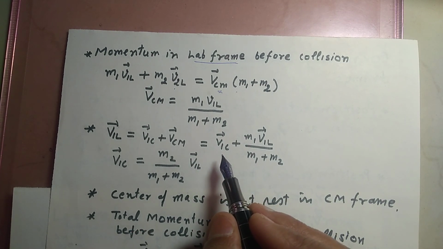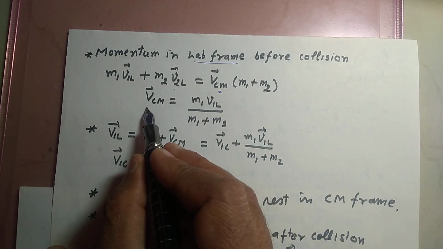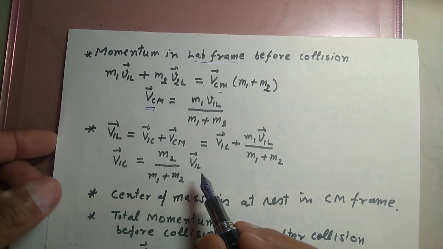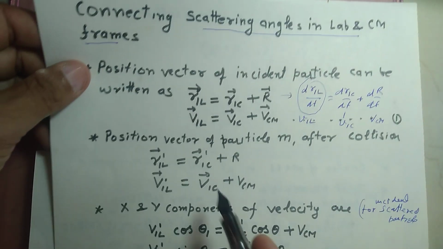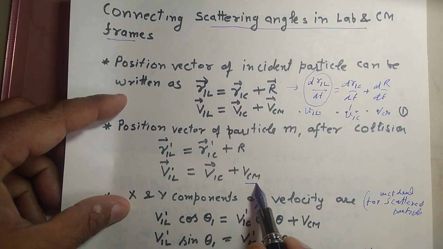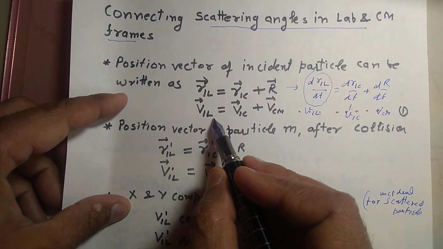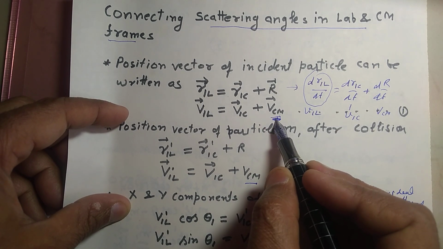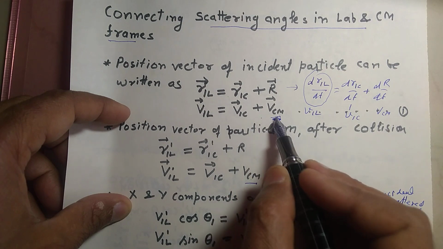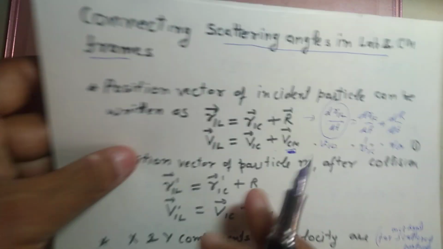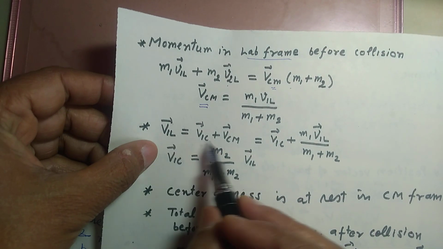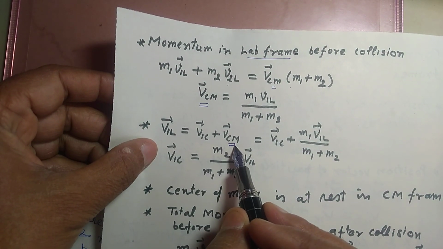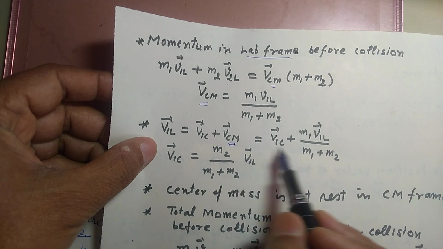Similarly, we got this expression VCM, and earlier we have known that we have V1, we got this type of relation here. We will substitute the value of VCM in this relation. So if we know this V1L, V1C, we will substitute the value of the center of mass velocity here.